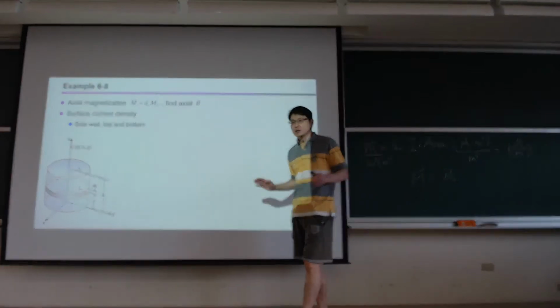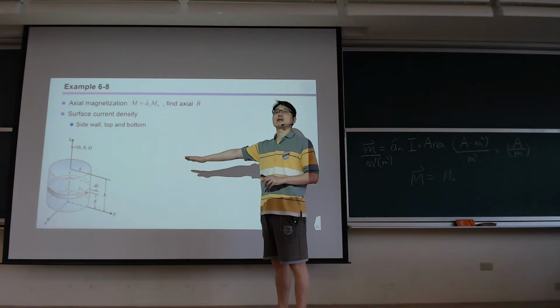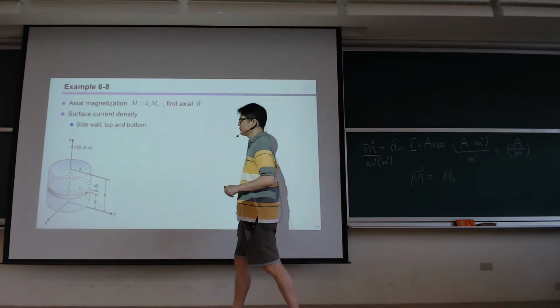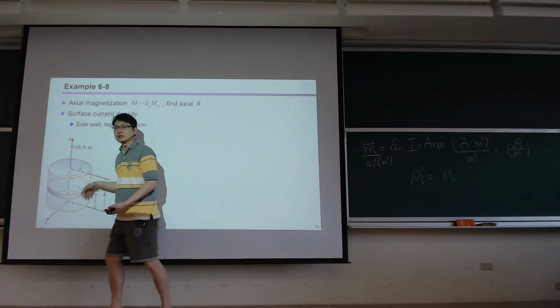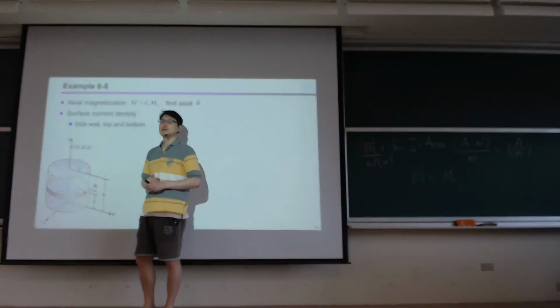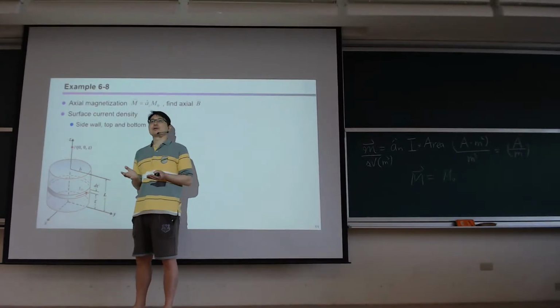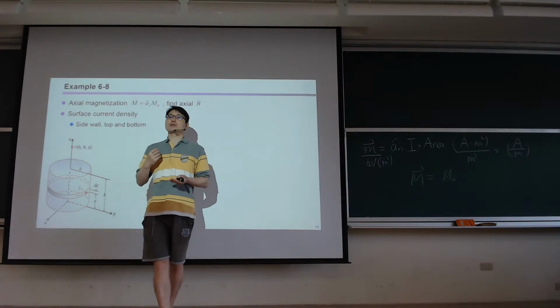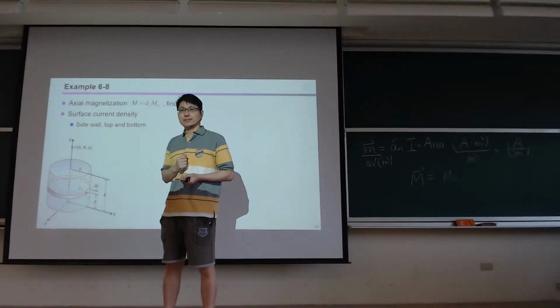So time is well controlled. Let's take a look at one particular example. If I have a material, a cylinder-like material, and it's magnetic. Since the geometry is cylindrical, of course, I want to use the cylindrical coordinate system to describe it, right?